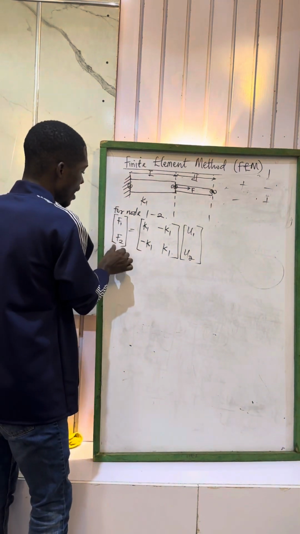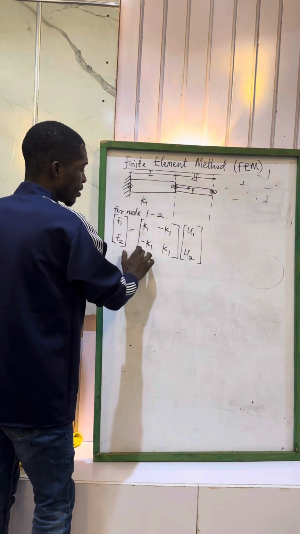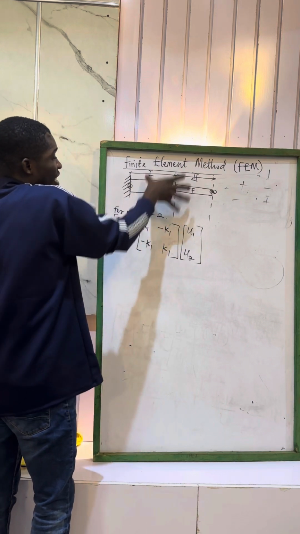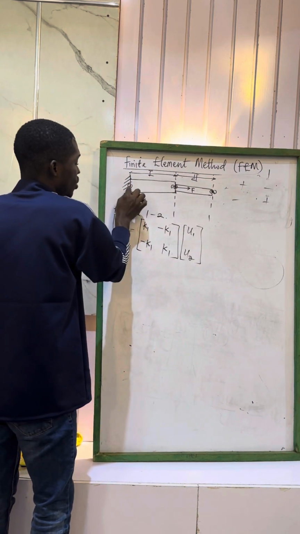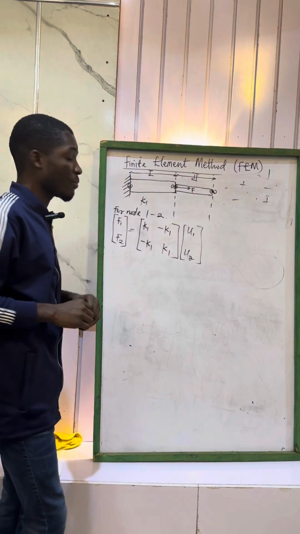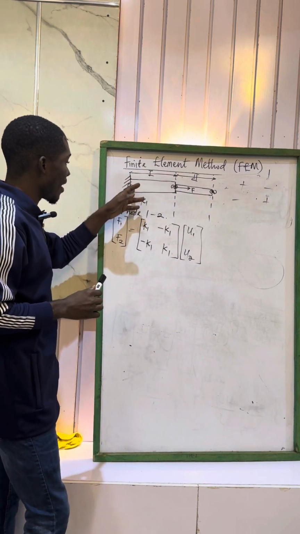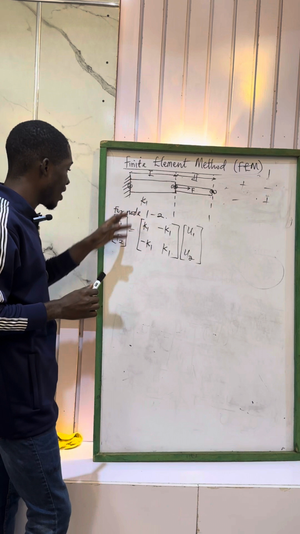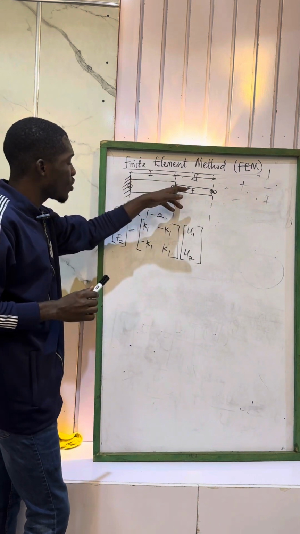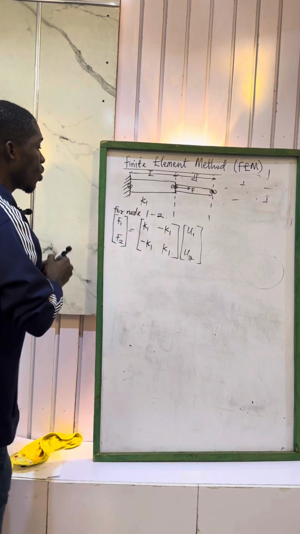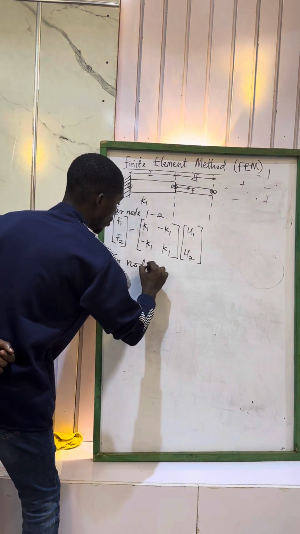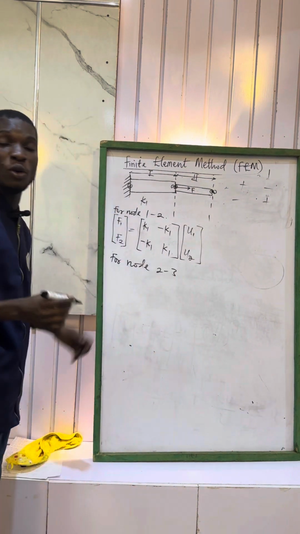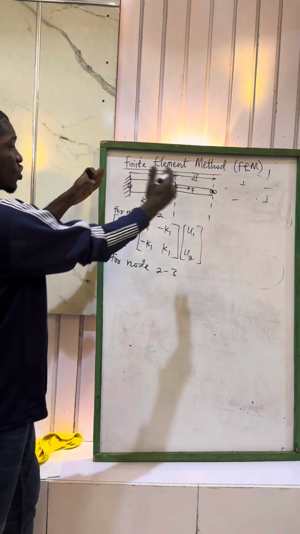So we have F1, F2, K1, minus K1, minus K1, K1. This K is the stiffness of element 1, and U1 and U2 are the displacements at these nodal points. The force acting at the node here is F1, and the force acting at the node here is F2. Let's go to the next one, node 2 to 3, because we'll be considering it node by node, from one node to another.